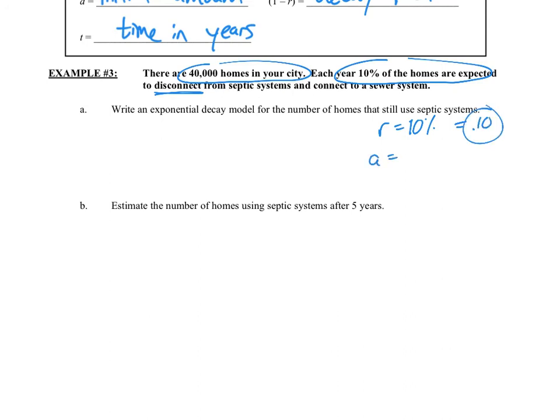And a is going to be 40,000. So it says to write a general model. The general model will be y equals 40,000 times 1 minus 0.10 to the t power. Or you could put 40,000 times 0.9 to the t power.